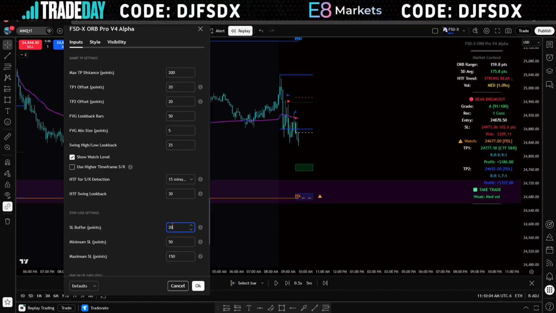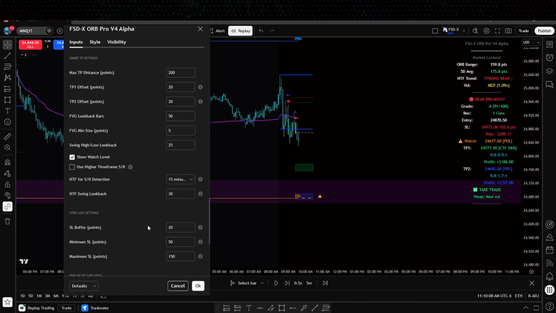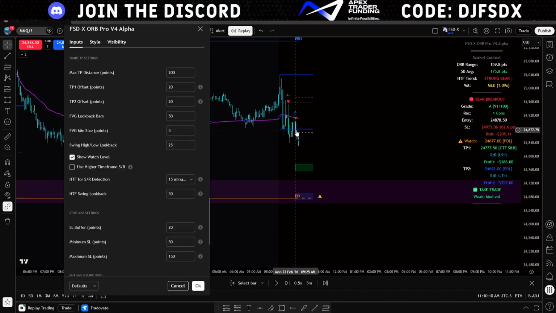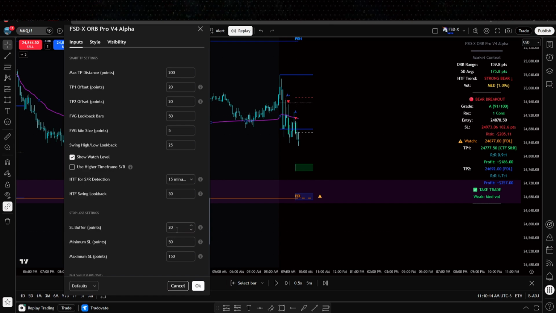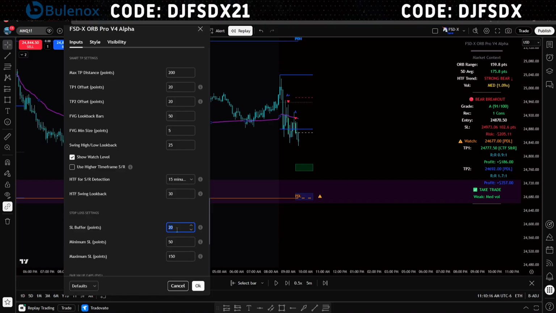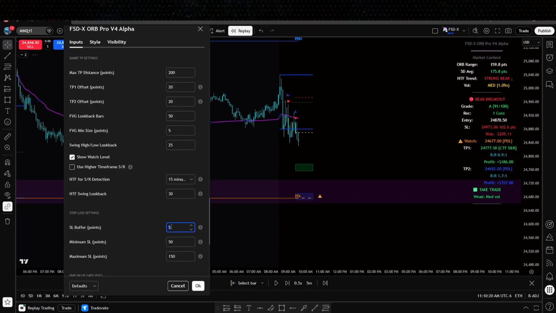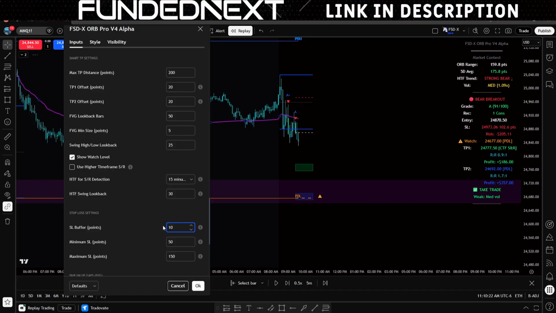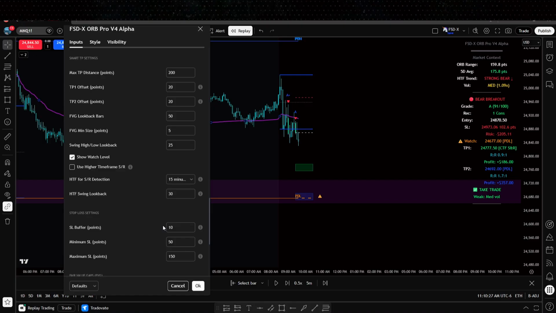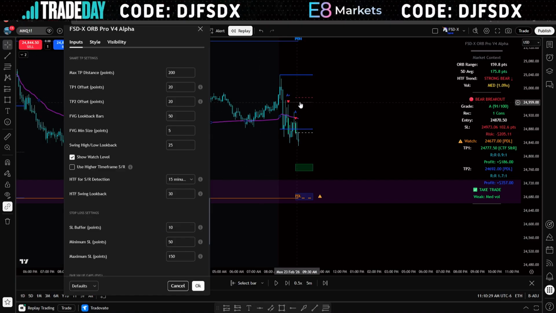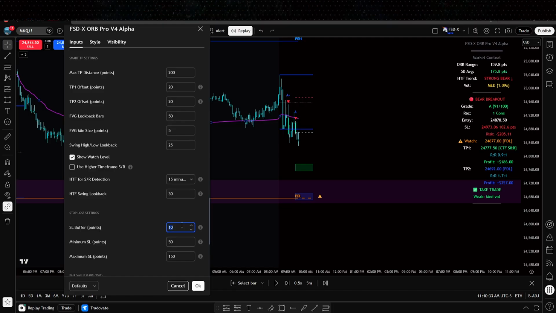So if you set it to 20, it might have hit the max here, so that's why it's not pushing it. Hold on. I think it hit the max, that's why it's not pushing it back. I think it needs to be a smaller stop for it to push.